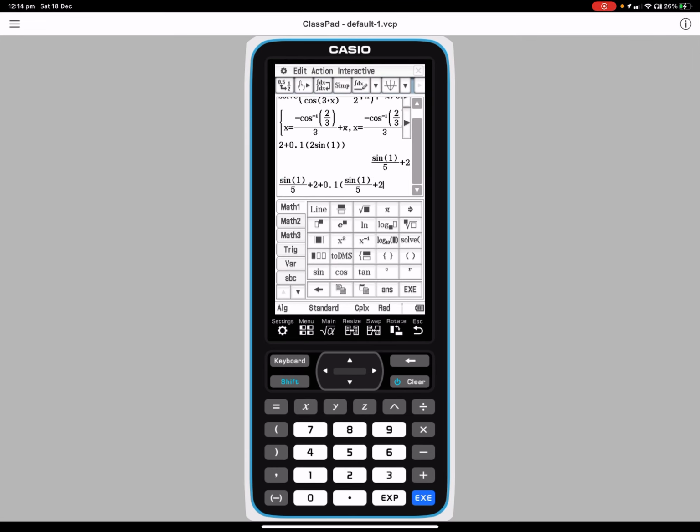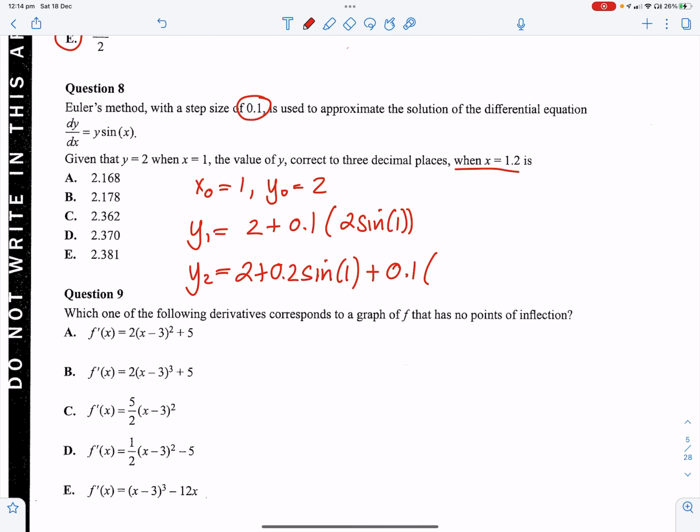So that sine of 1.1, and we want it as a decimal, 2.362. Is that right? It's a solution, so it's a pretty good chance it's going to be.